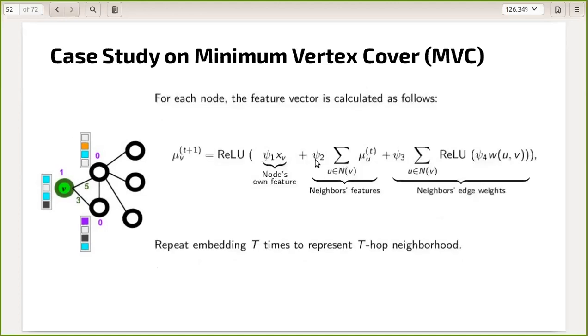For example, in this graph, how can you find which node should be the best for the minimum vertex cover? We can use trial and error, or we can be smarter and use reinforcement learning.